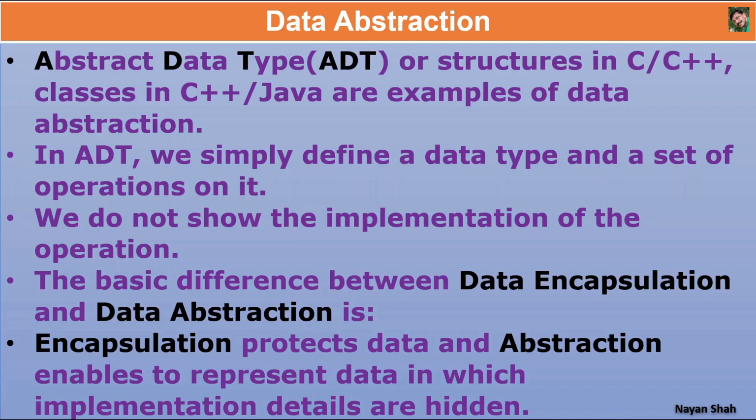So abstraction is a totally different thing and encapsulation is also a totally different thing. Encapsulation protects the data and abstraction enables representing the data in such a way that implementation details are kept hidden. So that is the difference between data abstraction and data encapsulation.